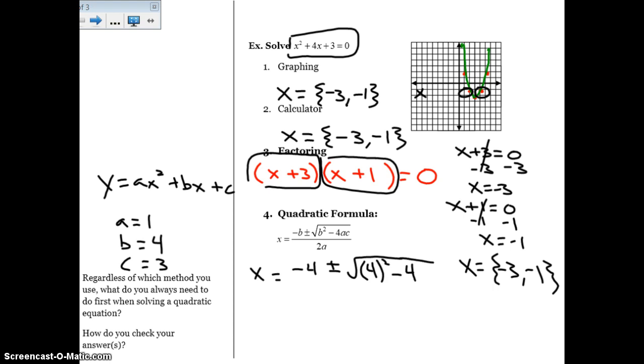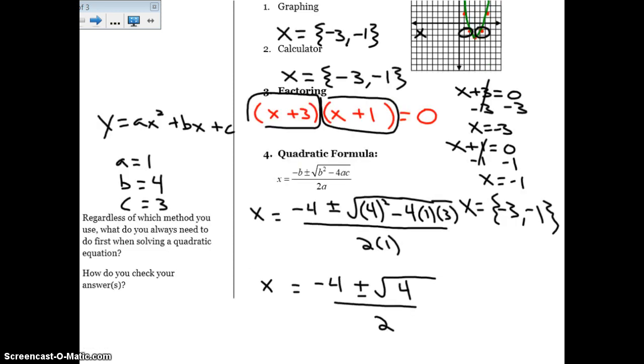So that's going to be minus 4 times 1 times 3. All over 2a, so that's going to be 2 times 1. All right? I would simplify that inside part of the radical, which we're going to learn is called the discriminant, but at least try and understand how we got to this point by plugging in.